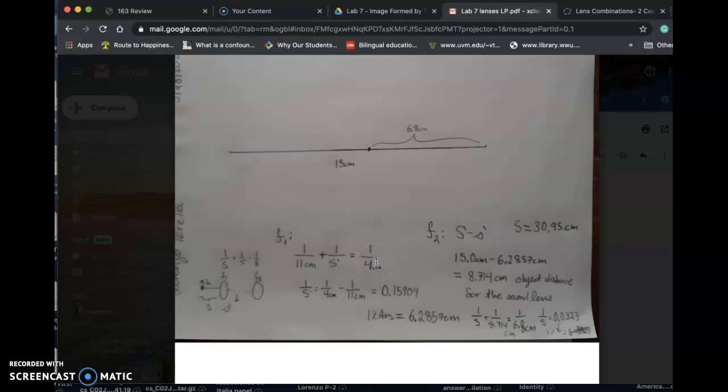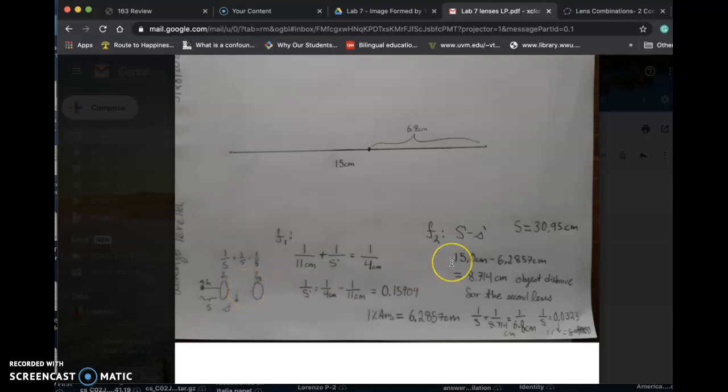So 1 over S prime is equal to 1 over 4 centimeters minus 1 over 11 centimeters, which is 0.15909 per centimeter. Then we find the inverse of this value to give us 6.2857 centimeters, which is the distance between this point and out here.